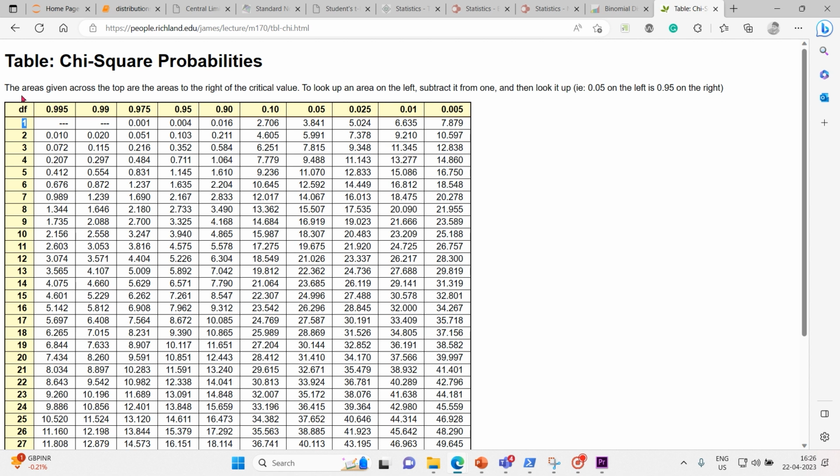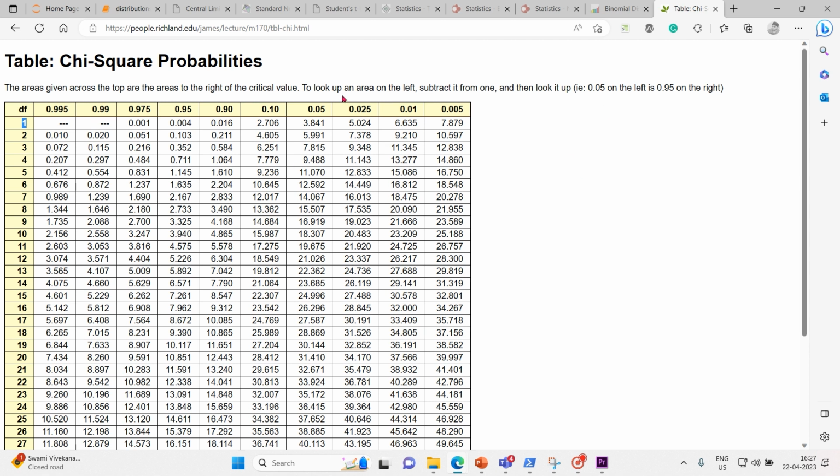So now the areas given across the top are the areas to the right of the critical value. To look up an area on the left, subtract it from 1 and then look it up. That is 0.05 on the left is 0.95 on the right. Okay, that's what they are telling, how to interpret these values.